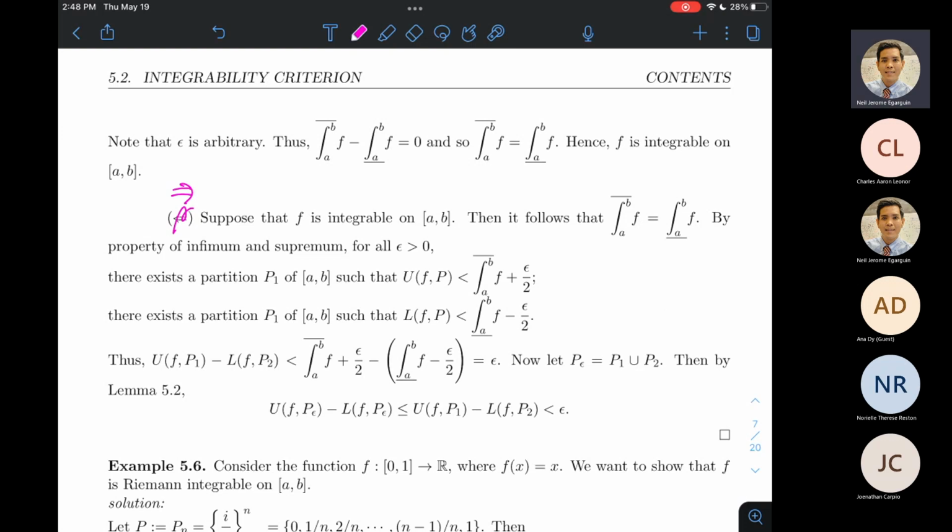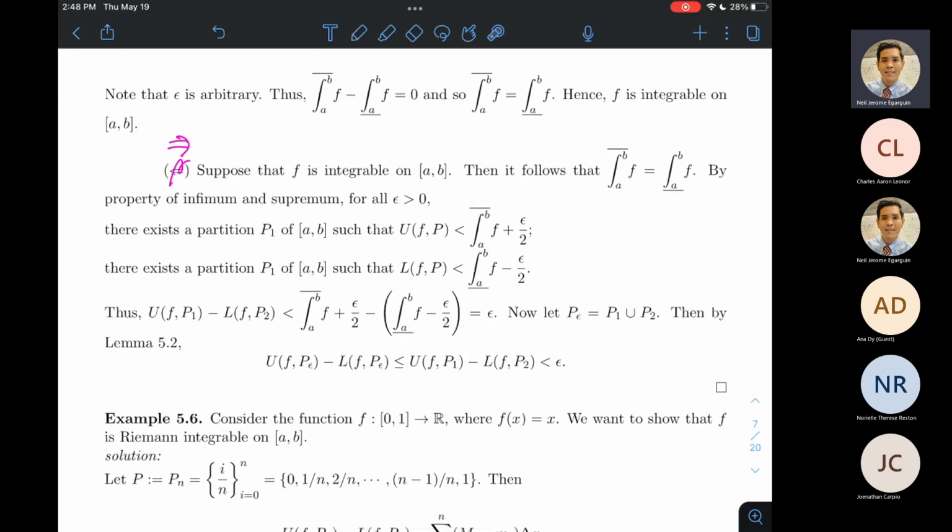Okay? So, that's what we want to show. Alright? So, our only assumption in this case is that f is integrable on the closed interval [a,b]. So, the only conclusion that we know from there is that the upper Riemann integral equals the lower Riemann integral.